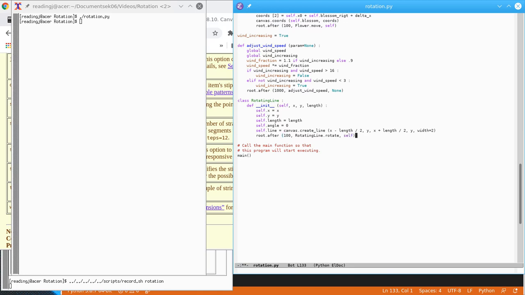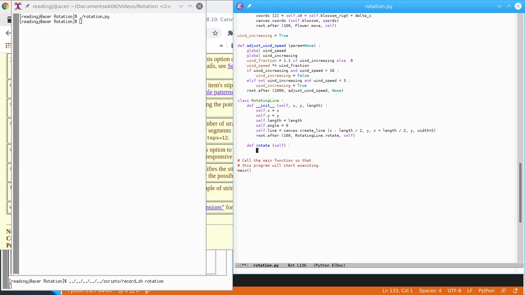That's what the self is. And so the self contains the x, y, length, angle, and the actual line from the canvas. I didn't mean to hit an extra return. Okay, here we go. def rotate, and self is the only parameter that it gets.